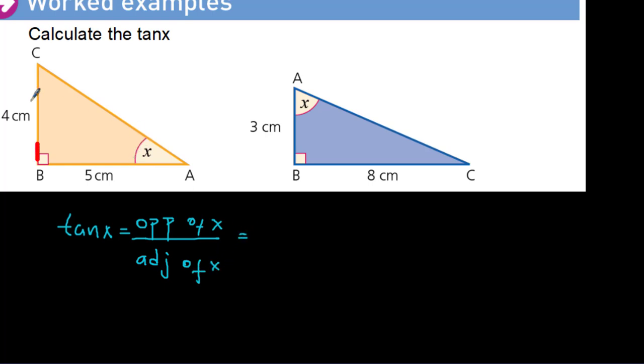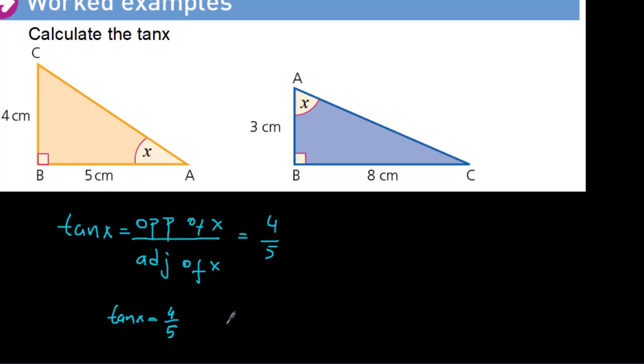The opposite of x is 4, and the adjacent of x is 5. So tangent x is equal to 4 over 5.